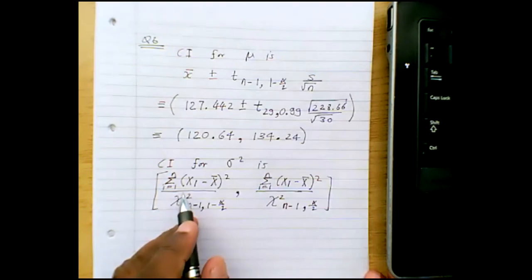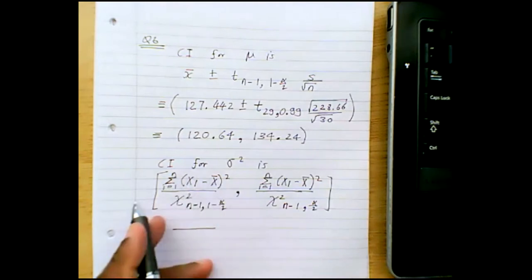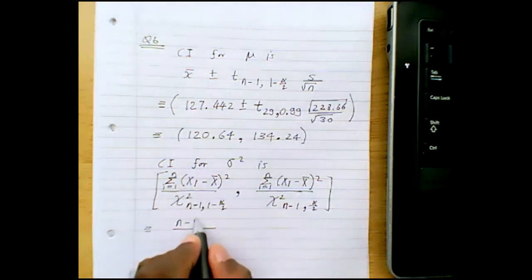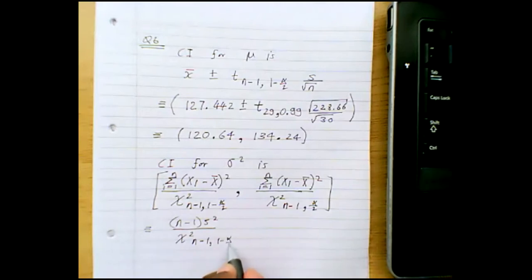Now, as you may recall, the numerator is the same as n minus 1 times the sample variance, and the same thing here.